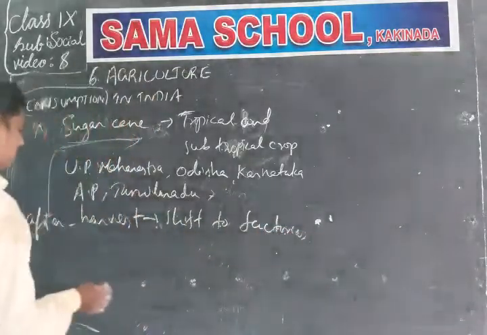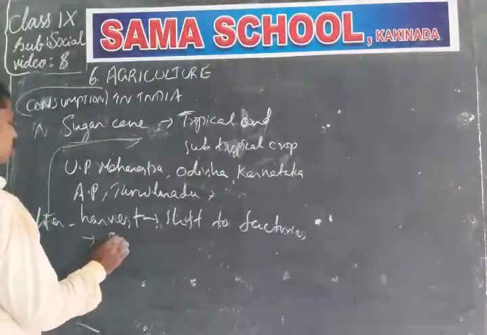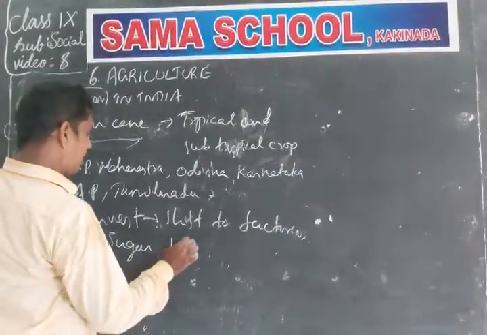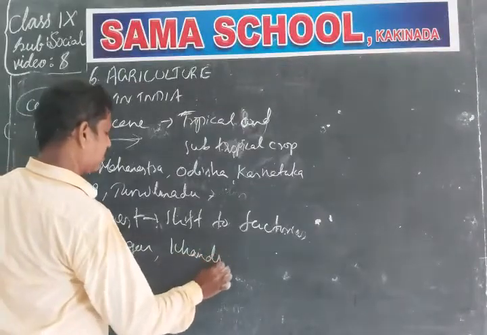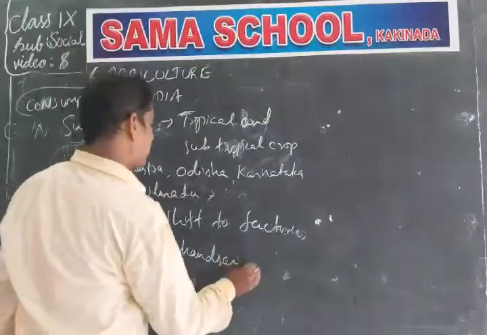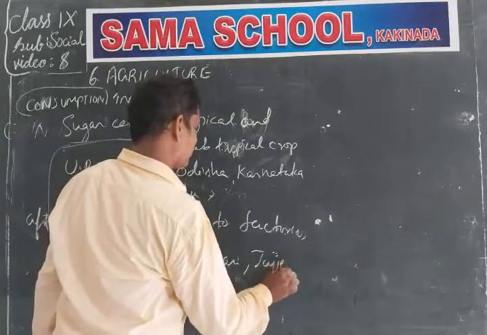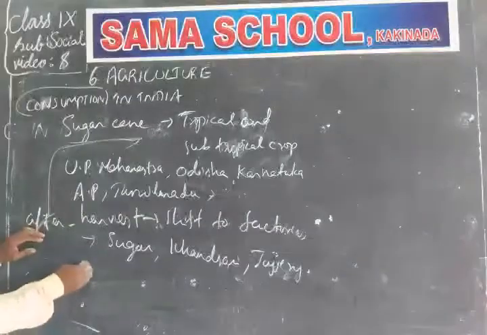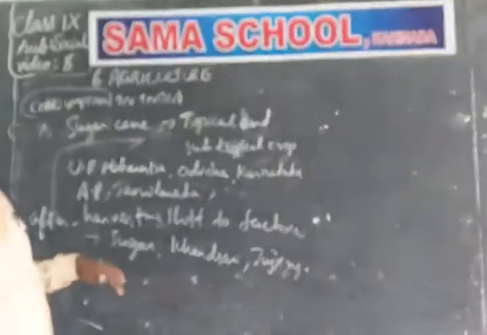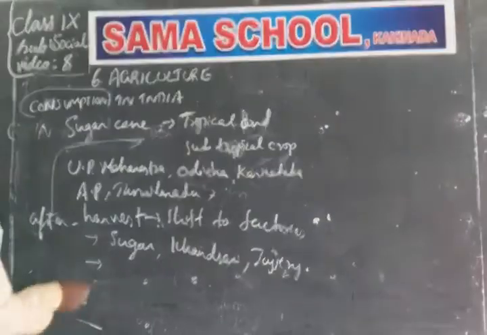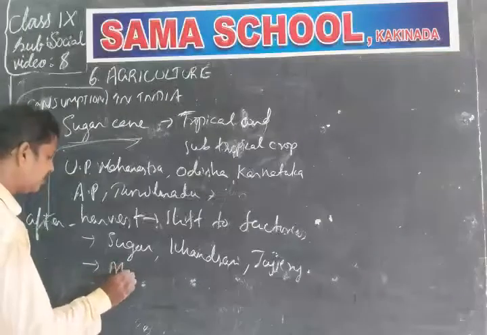Out of the sugarcane juice we get sugar, and also khandsari and jaggery are other important products. And the residue that comes out of the production is used as molasses.